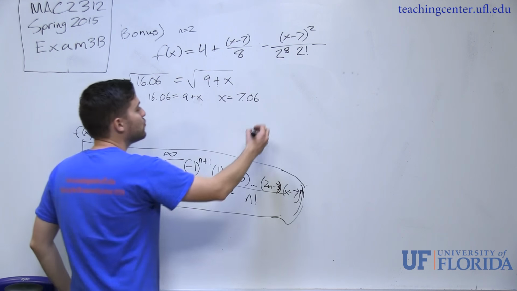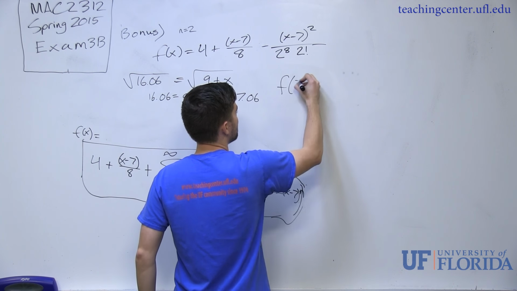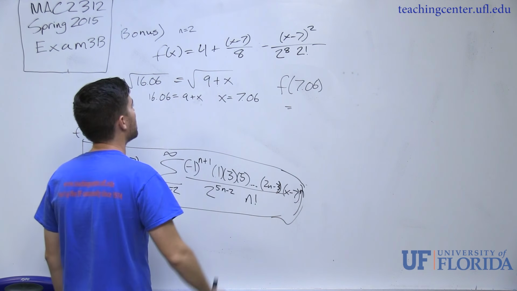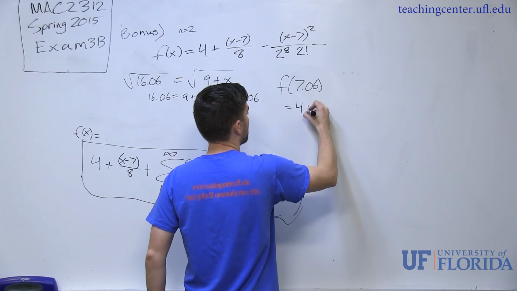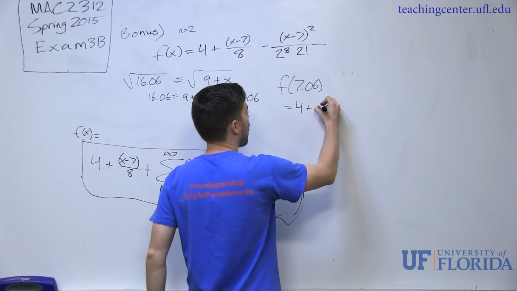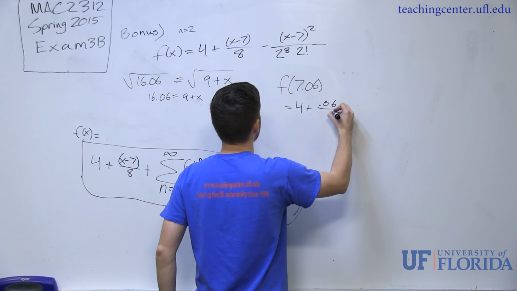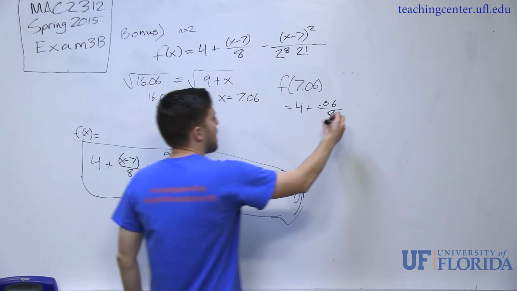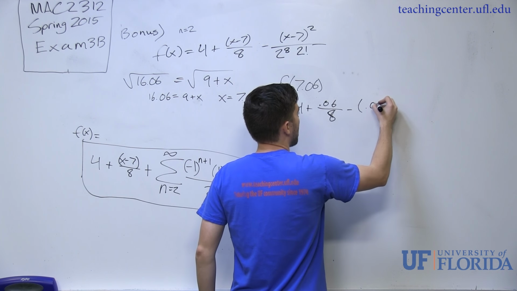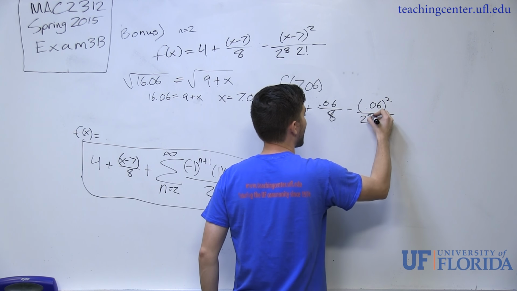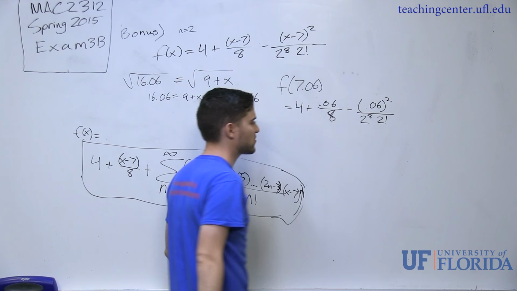So when I go ahead and do that, f of 7.06 is equal to 4 plus (7.06 minus 7, that's 0.06) divided by 8, minus (0.06) quantity squared over 2 to the 8 times 2 factorial.